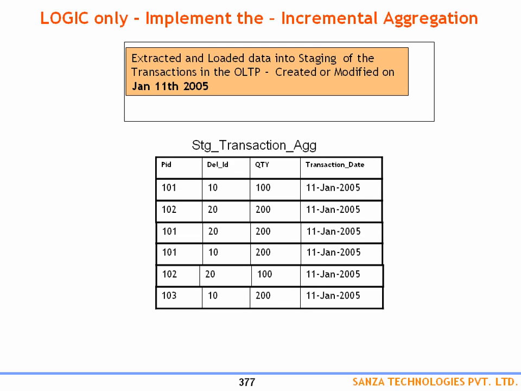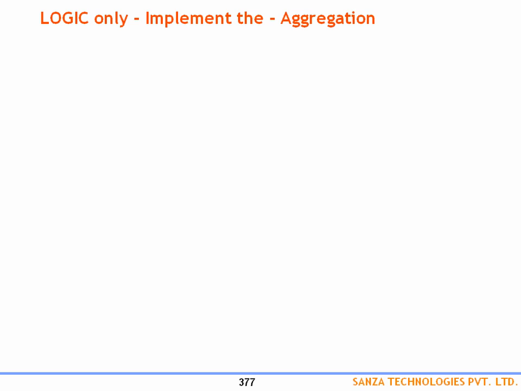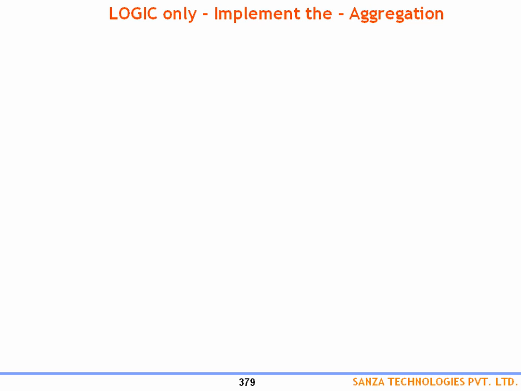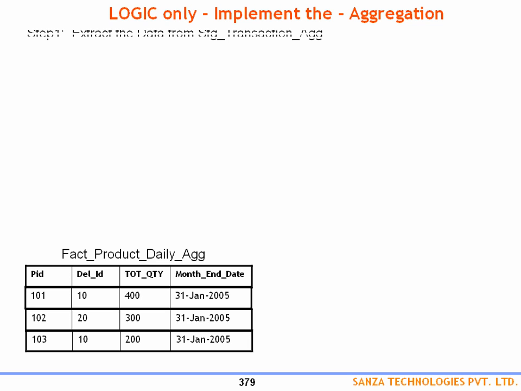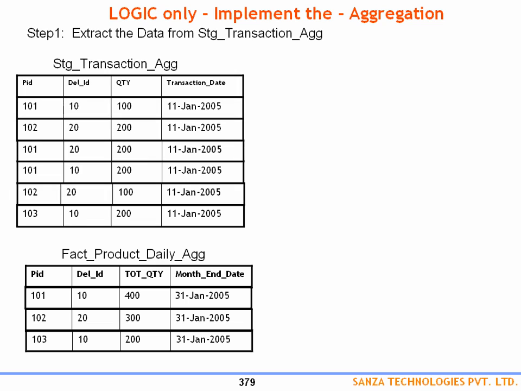Let us assume on 11th January, this is the transaction date which you are loading from source to staging. Next day, you are going to load data into your aggregate table. Now look at the logic.